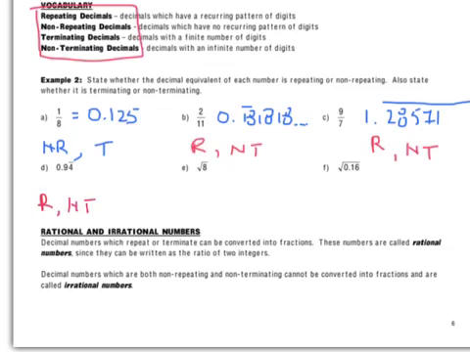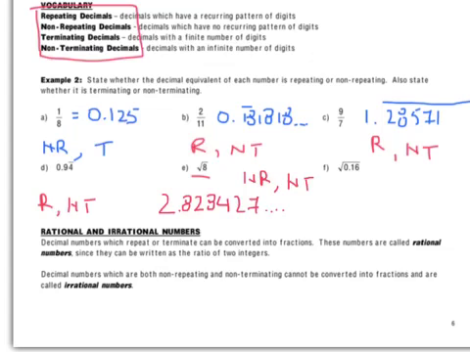Okay, let's look at this square root of 8 over here. The square root of 8. It's not a perfect square, so we're going to get a decimal of 2.82827, and so on and so on. So this one is non-repeating, so we'll say NR, comma, non-terminating, NT, non-terminating.